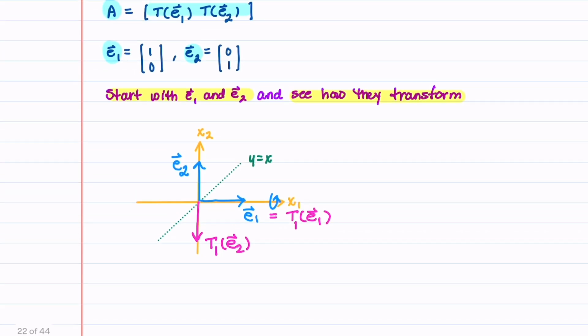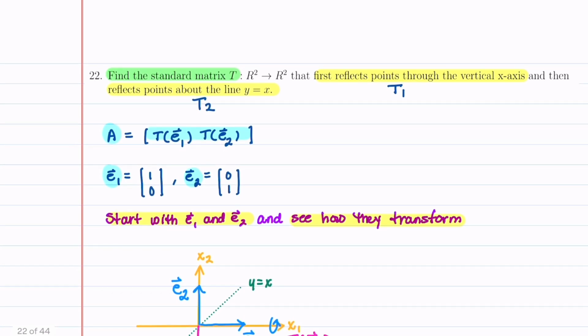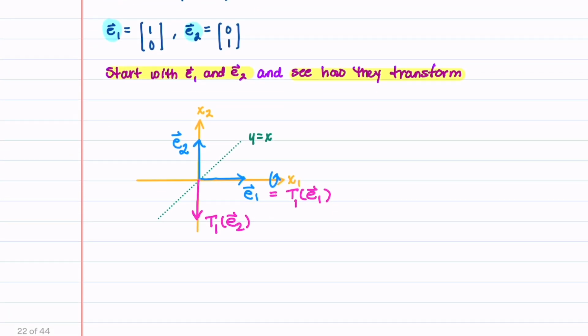Now let's look at the second transformation. The second one is we're going to reflect points about the line y is equal to x. Let's look at T1 of E1 first. If we reflect that about the line y is equal to x, it's going to come up here where E2 was. So let's label this one as T2 of E1.